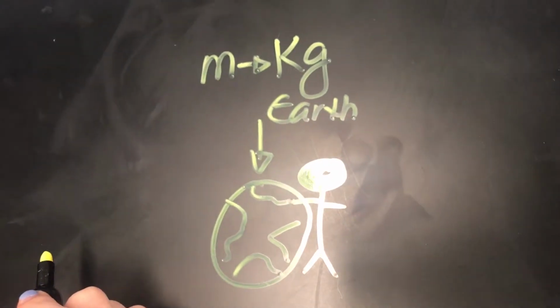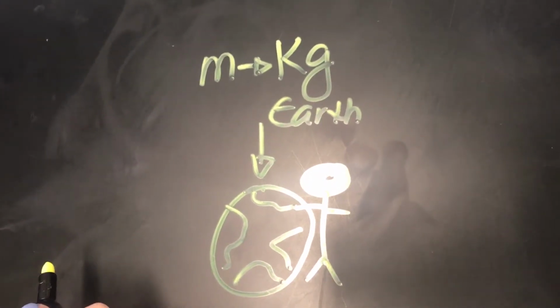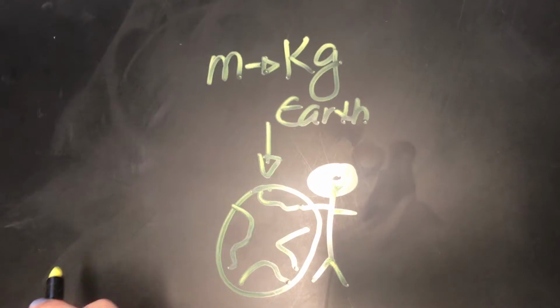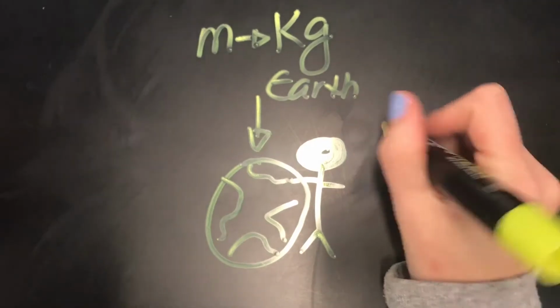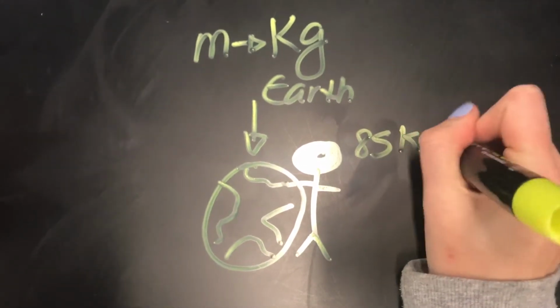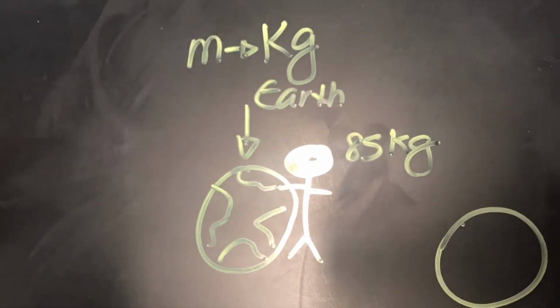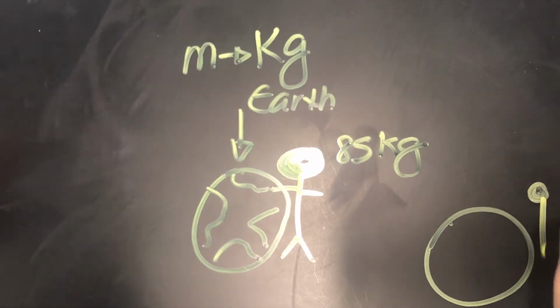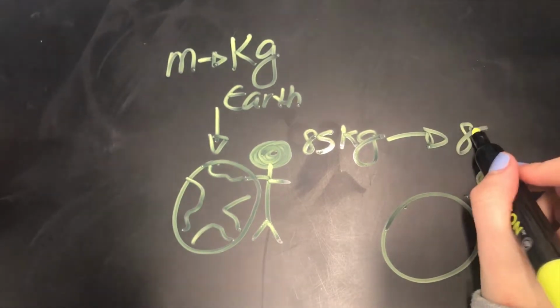So if his mass on Earth is 85 kilograms, for example, his mass will remain the same on other planets. So that means that on the moon, he would still have a mass of 85 kilograms. He has 85 kilograms on Earth, and he would have the same mass on the moon because it doesn't change.